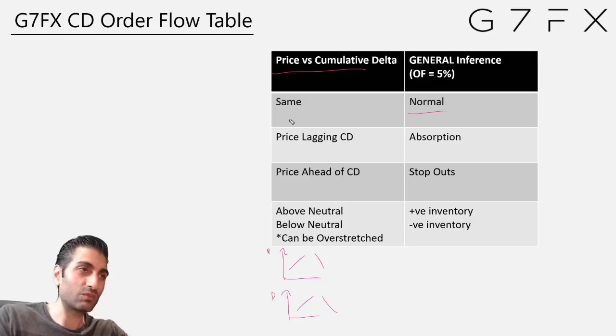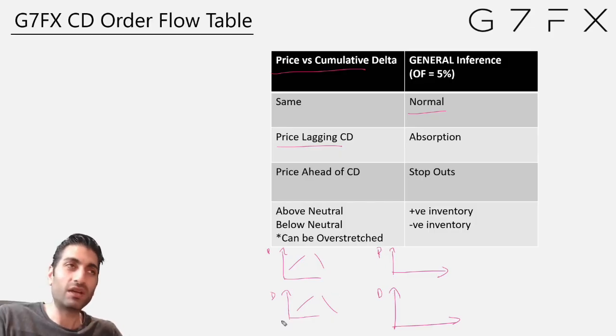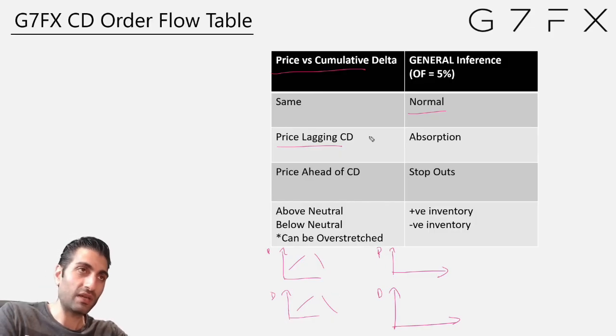Then the next condition where something is odd is basically absorption, right? So what happens when you see this and you've got this printout? Just remember, it really isn't complicated, okay? Don't get yourself tied up in knots with higher lows and higher highs. All you've got to think is, if delta is ahead of price, or I've put here price is lagging the delta, then we've got absorption.